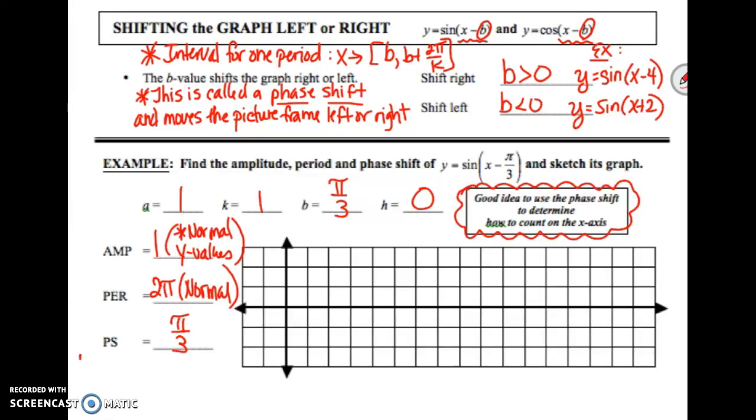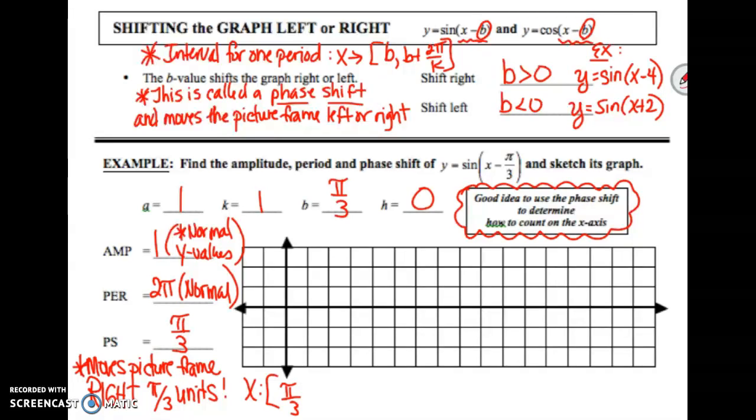It's going to move our picture frame right pi over 3 units. Okay, so the x values of our picture frame then, it's going to start at pi over 3, and it's going to end at 2 pi plus pi over 3.